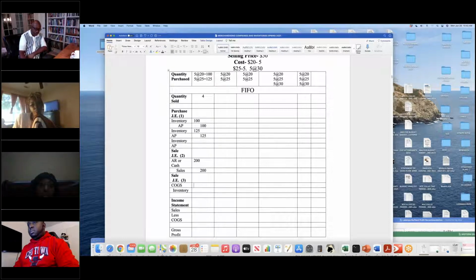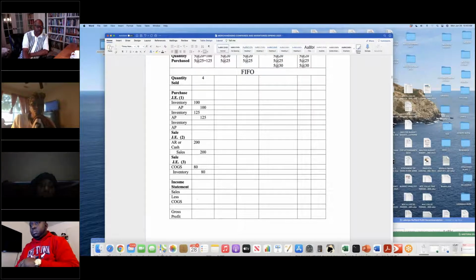Okay, so the 80 is simply that we sold these first ones first. So when we do the income statement, what do we have on the income statement? 200 for sales.